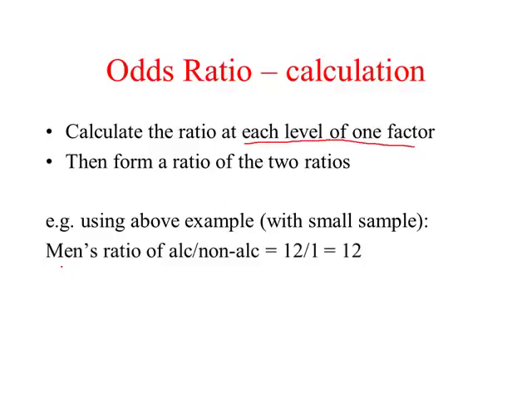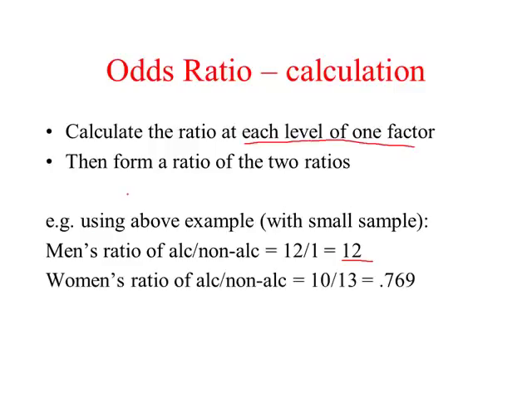For men, our ratio of alcohol to no alcohol was 12 who chose alcoholic, 1 chose non-alcoholic. If you divide 12 by 1, we get a ratio of 12. For our other level of the gender factor, women's ratio of alcoholic to non-alcoholic drinks, 10 chose alcoholic, 13 non-alcoholic. If you divide these, we get 0.769.